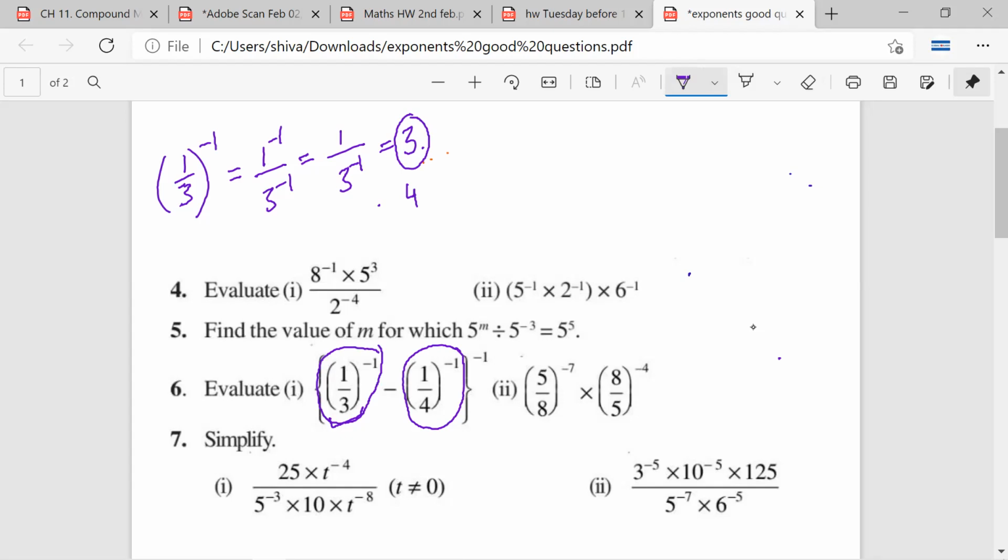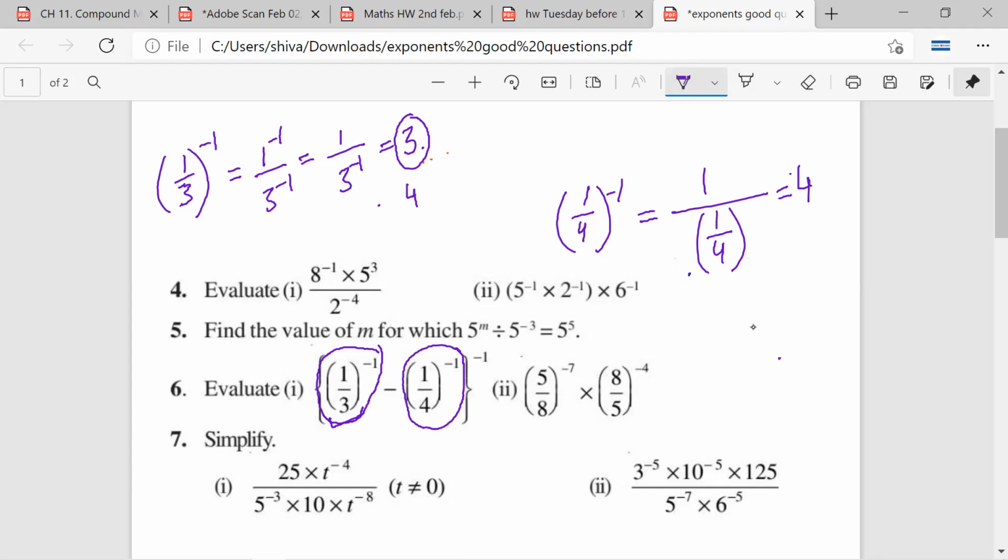Yeah. See, 1 upon 4 raised to power minus 1 can be written as 1 upon 1 upon 4. And this can be written as 4. Sanvi ji, is it okay? Yes, sir. So then the whole thing will be written as -4.